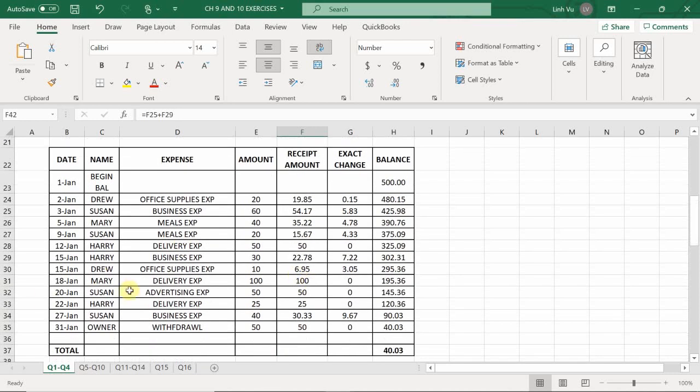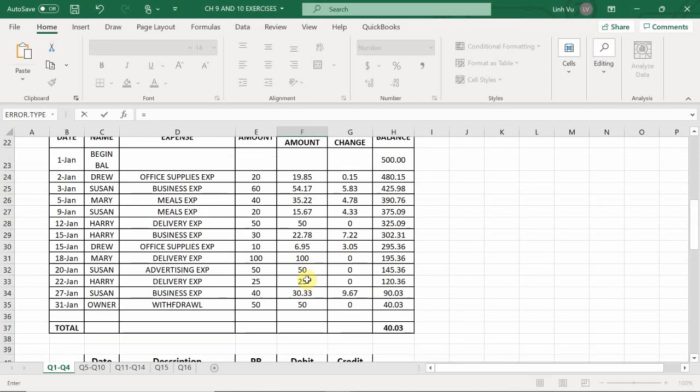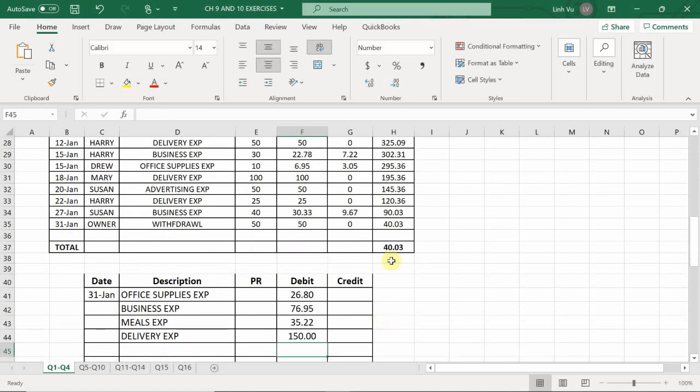Okay. So then on the 18th, Mary borrowed money to pay for a delivery expense for $100. So in this case, delivery charges, we have delivery expense right here for $50, right? Since Mary borrowed another additional, we're going to add the $50 to the 100 to get a total of $150.